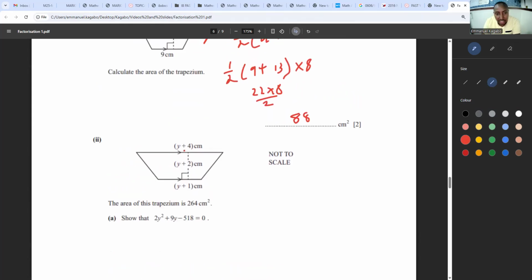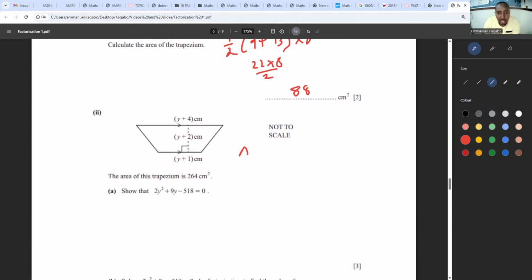Okay, wow. Exactly the same context, exactly the same thing, but this one in terms of what? The area of a trapezium is a half (a + b) times the height, so let me write it this way. It's going to be y plus 1, then this one again, y plus 4, across the brackets.